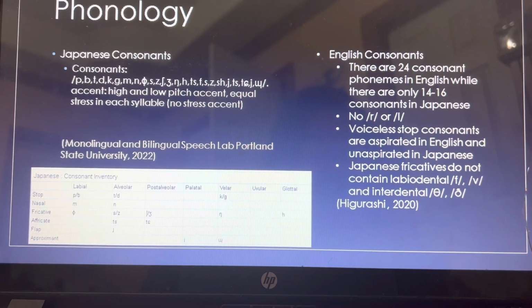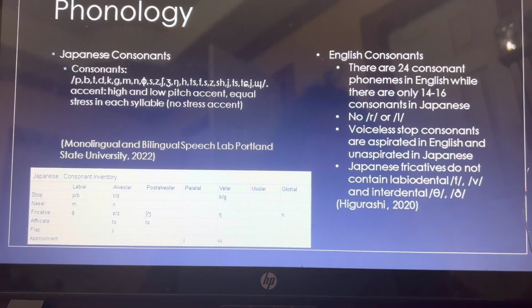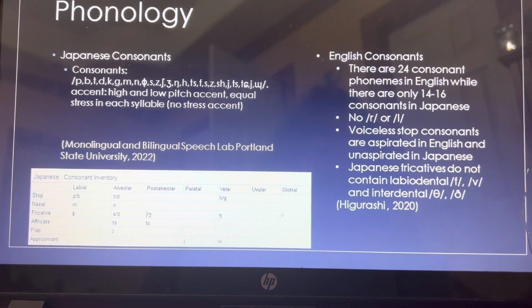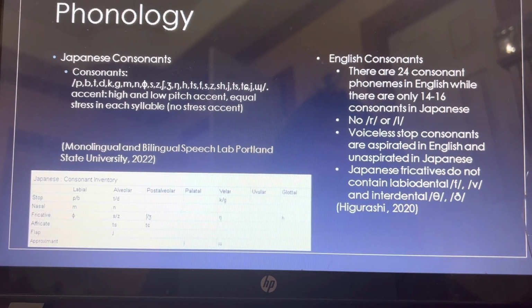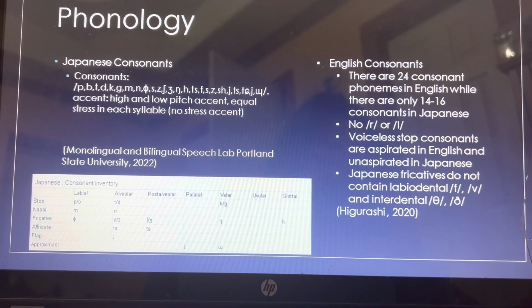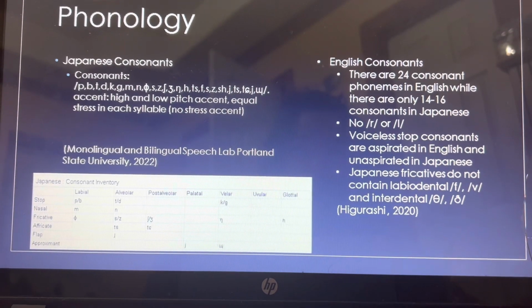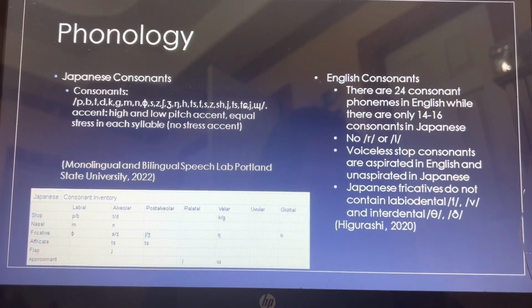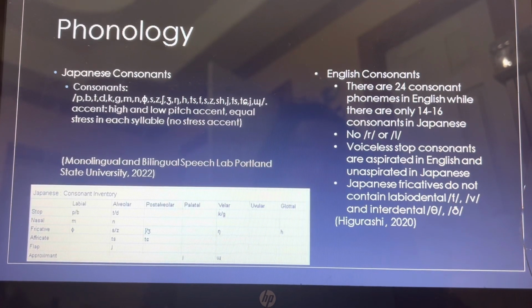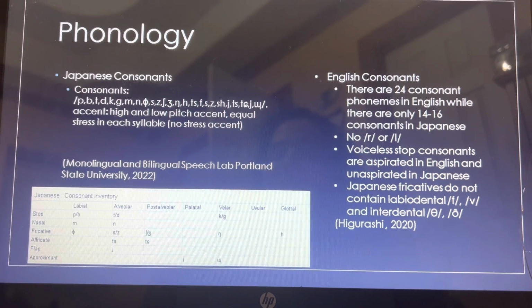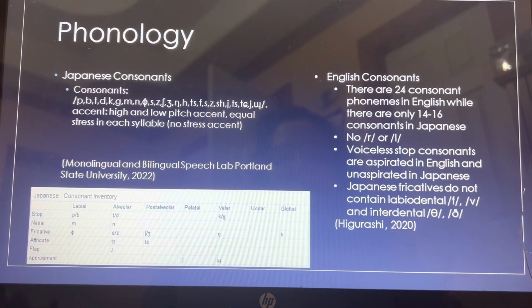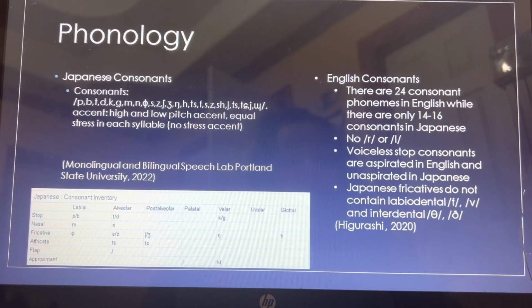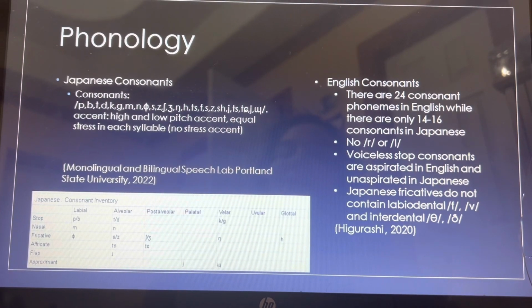Another thing to consider with your students is that there is no R or L sound in the Japanese language. So you'll most likely need to teach that sound to your students or patient in therapy because it's just going to be new. I did note in one of the articles that there's sort of another sound in between the R and the L that sometimes bilingual learners will use.